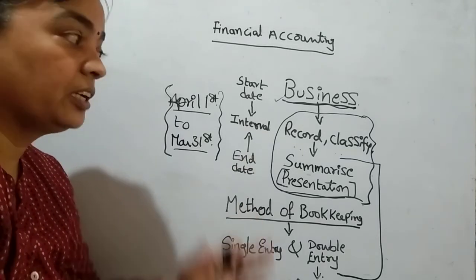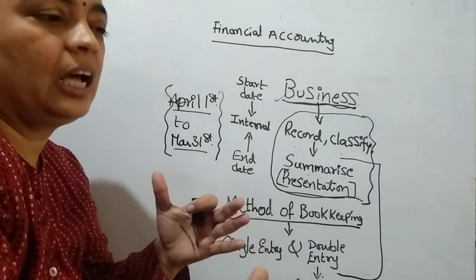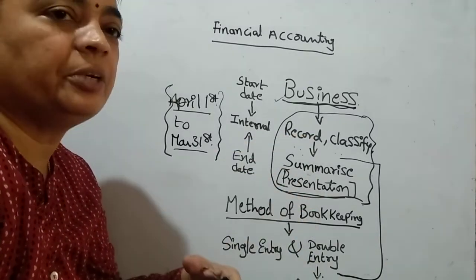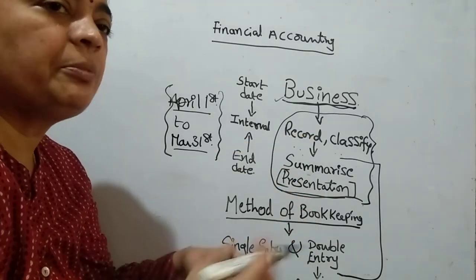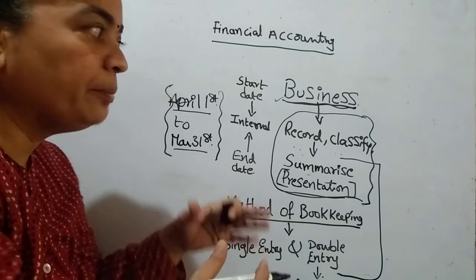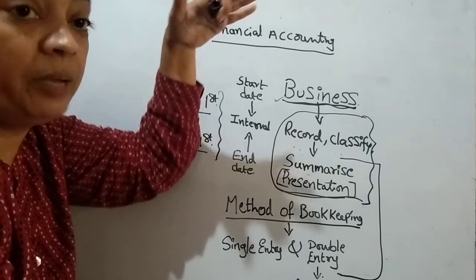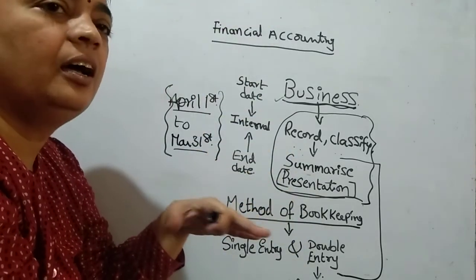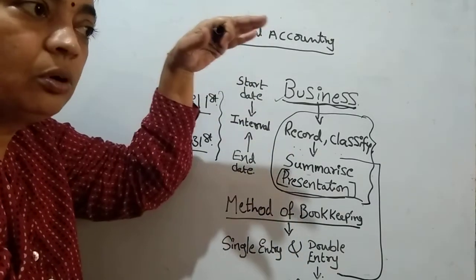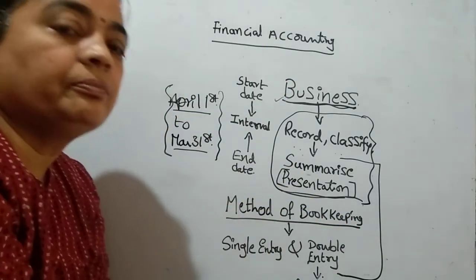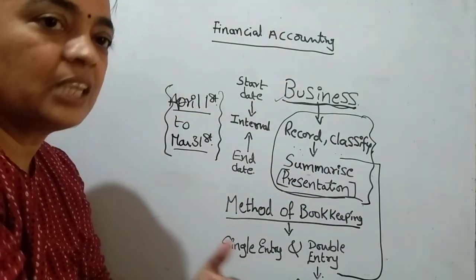Because suppose somebody who is interested in the business asks me for some information, can I bring the whole books, this many books, because many transactions will be there in the business? Can I bring all the books for checking purposes?